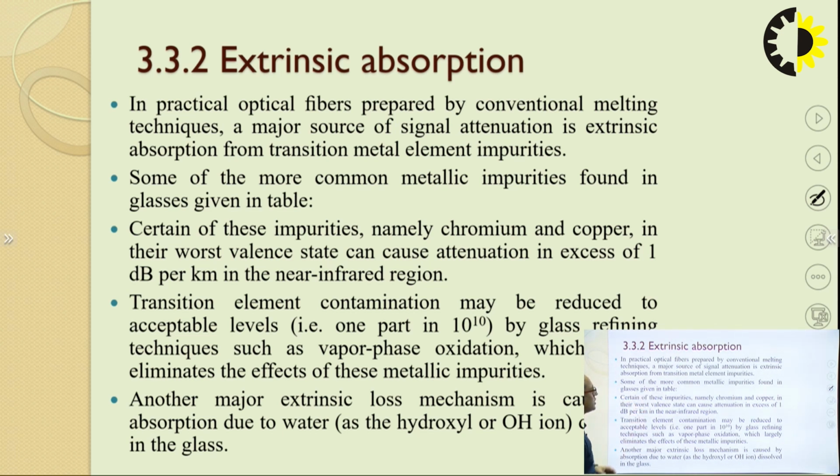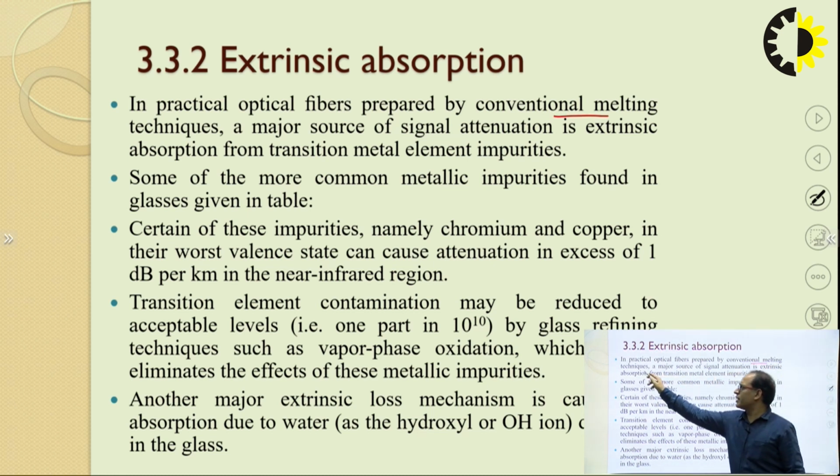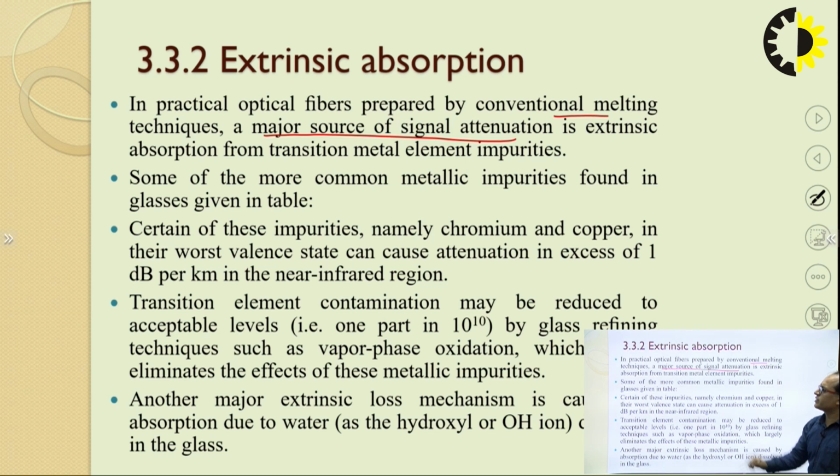Initially, these fibers were made using conventional fabrication techniques, that is, the conventional melting techniques, in which the major source of signal attenuation is the extrinsic absorption from transition metal element impurities.